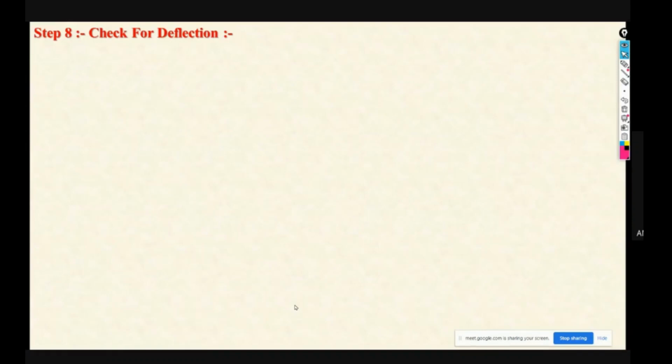Okay, so now see, generally the deflection depends on two parameters, depth as well as the reinforcement, that we will discuss formally. For the deflection, first we have to calculate the percentage of steel. Now here we have provided steel of 251. The formula for the percentage of steel is provided steel divided by BD into 100, where provided steel is 251.36, B is 1000, and D is 125, into 100.